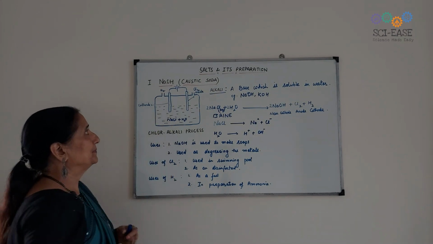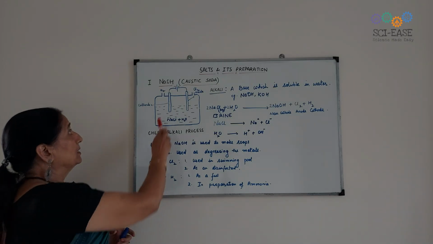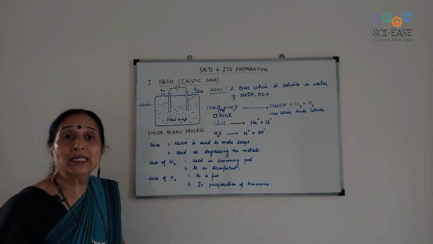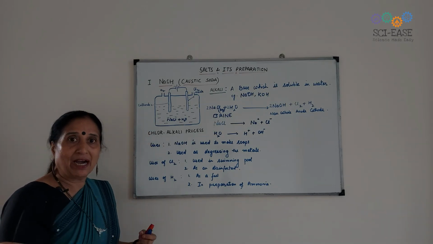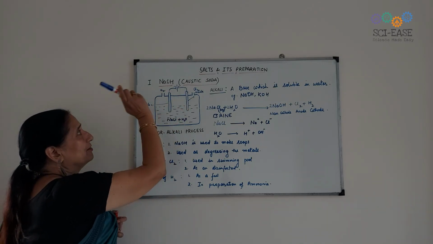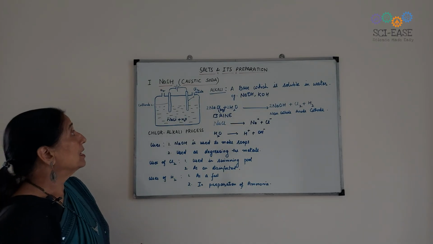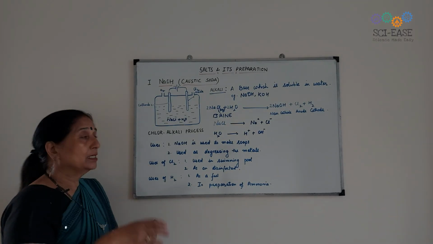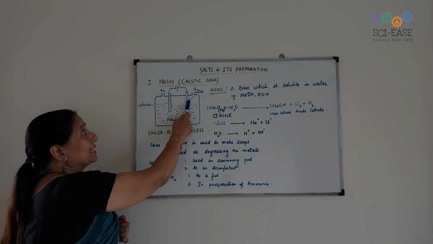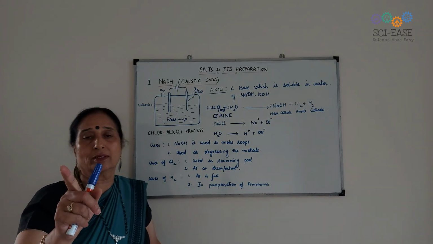There are 2 outlets also, and one of the electrodes should be connected to the negative terminal of the battery by wire, and the other electrode should be connected with the positive terminal of the battery. The electrode which is connected to the positive terminal of the battery is known as anode.